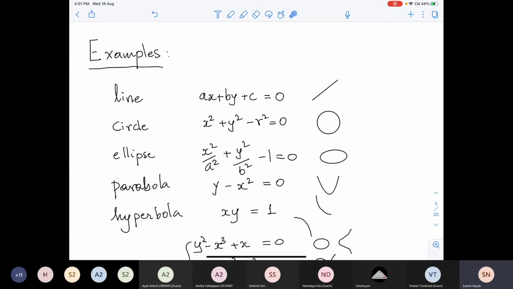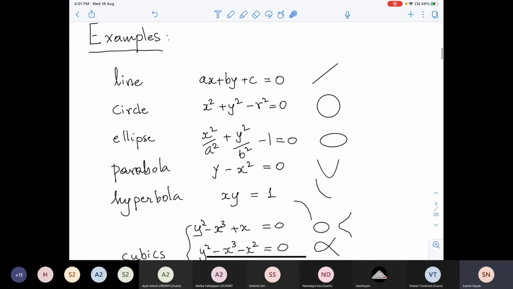Okay, so what are examples? These are your familiar examples: a line, circle, ellipse, parabola, hyperbola. I'm sure all of you have read about these things. A line is given by this equation, and this is how it looks. For the circle, I've just written some generic equations for them.